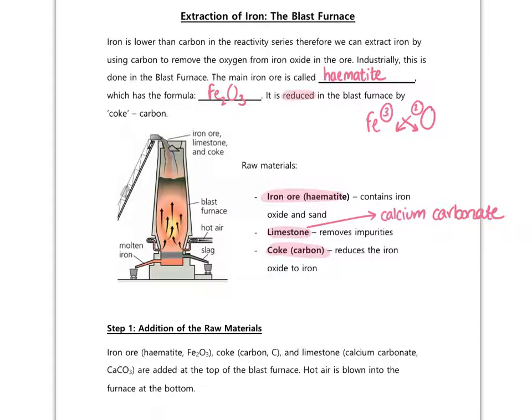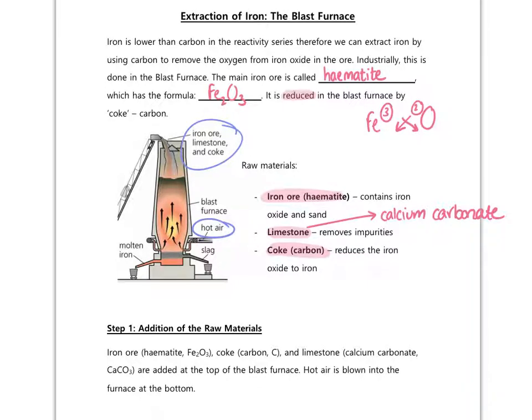So essentially just a broad overview first of all of what happens. So you can see from your diagram here that we put our 3 raw materials in at the top, and then at the bottom we put in some hot air. So we put a blast of hot air in at the bottom. You might think, well, why is that being put in at the bottom? Well, if you think heat rises, so when the hot air is passed into the blast furnace, the heat will rise.